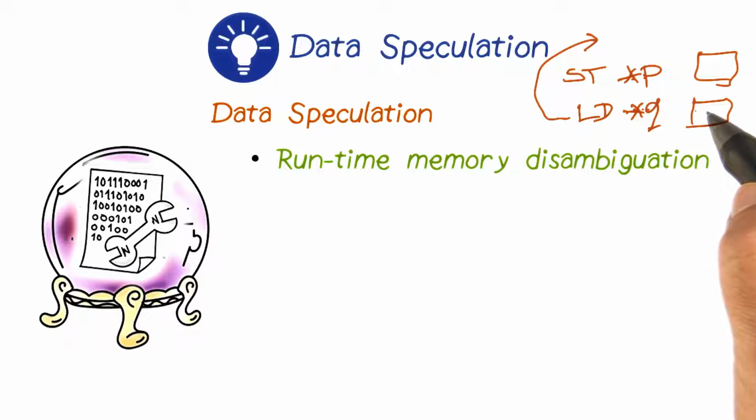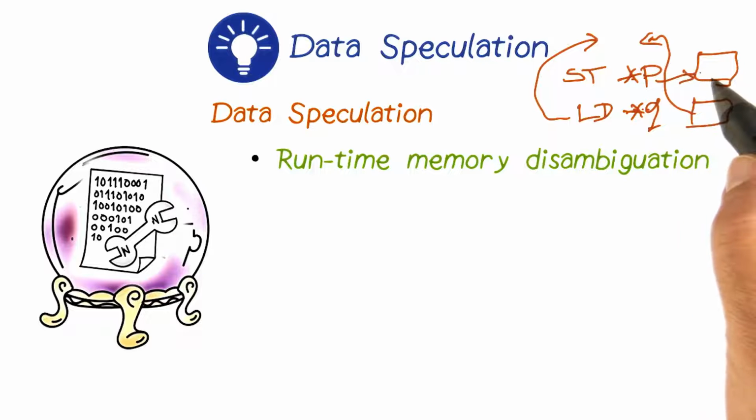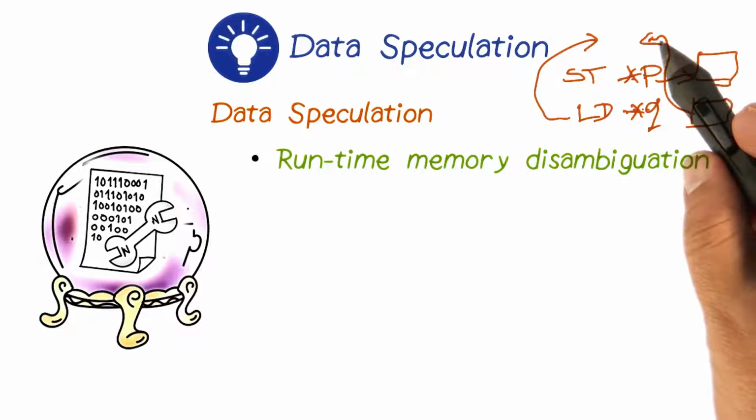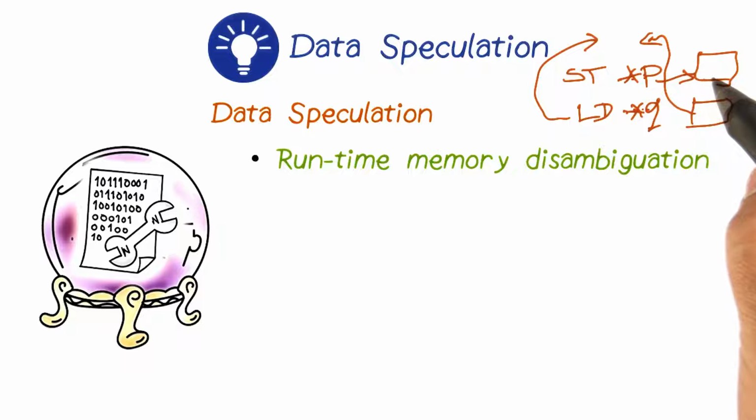We speculatively get a value from this particular memory over here, and subsequently the store is writing a value to a different piece of memory over here. But what if the two are the same? Then the value that we have loaded earlier is a wrong value, because first the store is supposed to store a new value over here from which we are supposed to load, and that's a question of misspeculation.